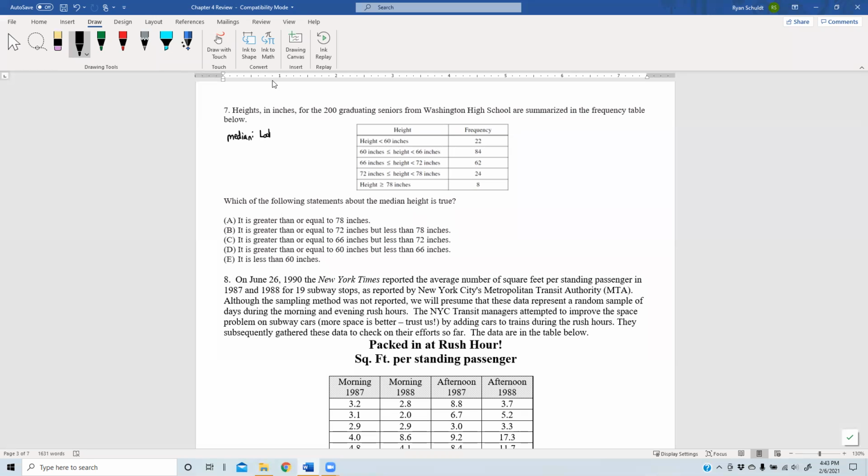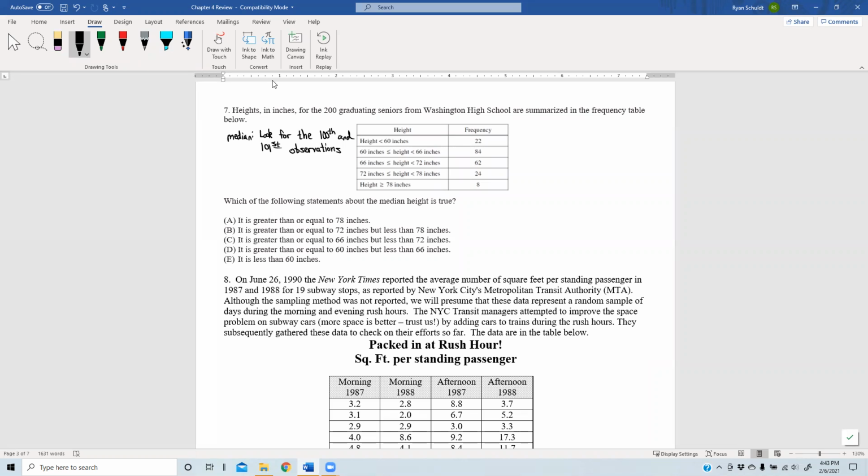So look for the 100th and 101st observations. I just divided it in half. Okay, let's see.